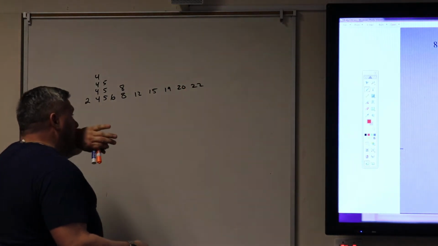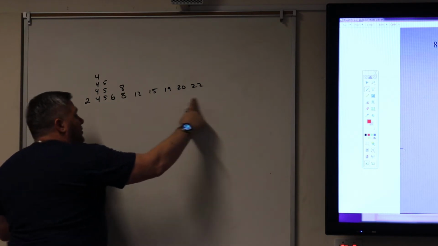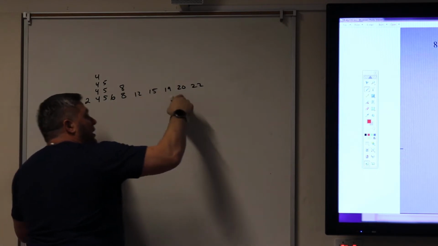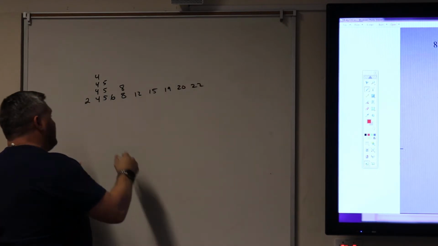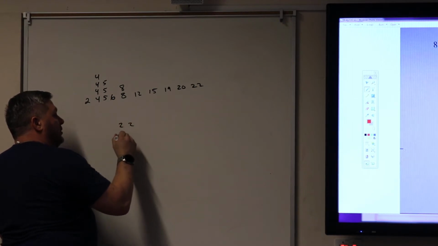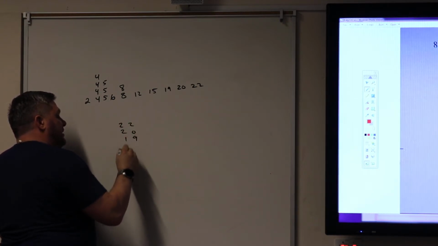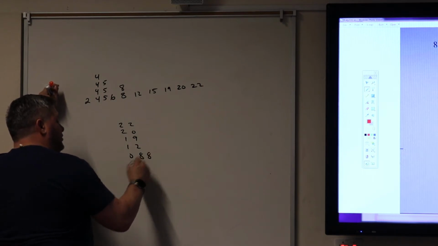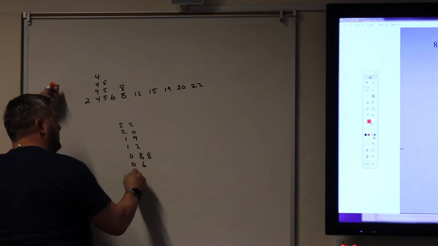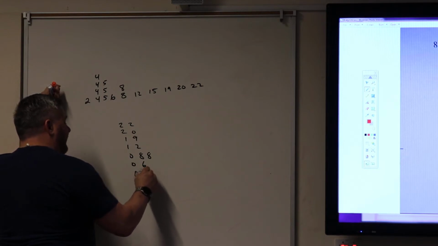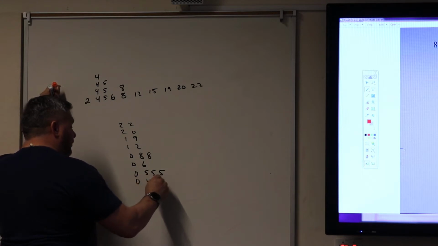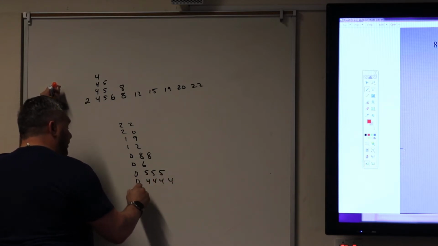Now, generally, the way this would be written is in 0s and 1s, and 2s. So a way to look at this would be 22, 20, 19, 12, and then the 8, the 0 column would be 8, and there's 2 8s, and then 1 6, and 3 5s, and 4 4s, and 1 2.